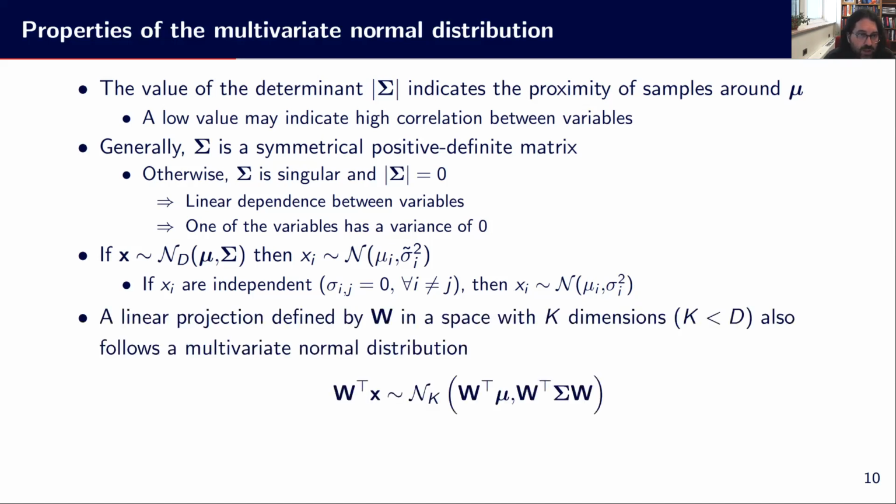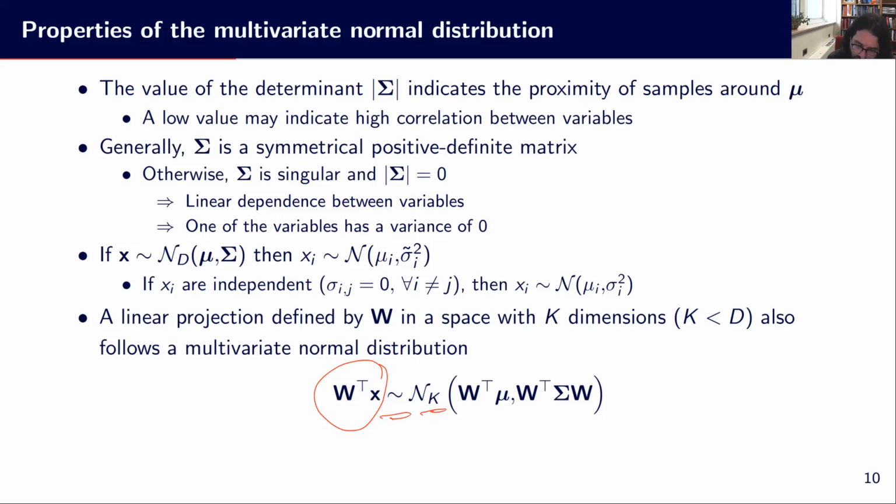If we are applying some kind of linear projection, so we have a matrix W that is making a linear projection from an original space in d dimensions to a space in k dimensions, we know that the result of W transpose X, which is the result of the projection, is also following a normal distribution of k dimensions.